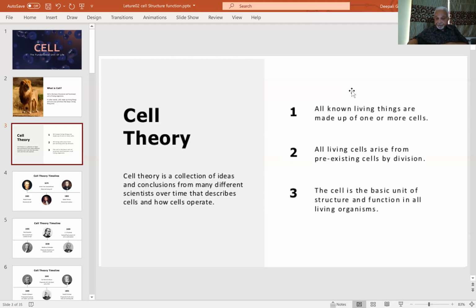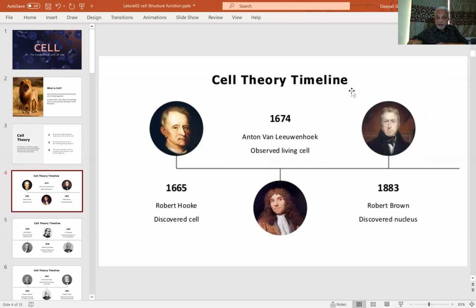If we look at the historical part of the cell theory, as I gave you a few hints in my previous lecture, it's not a new concept. It dates back to 1665, when Robert Hooke discovered the cell.